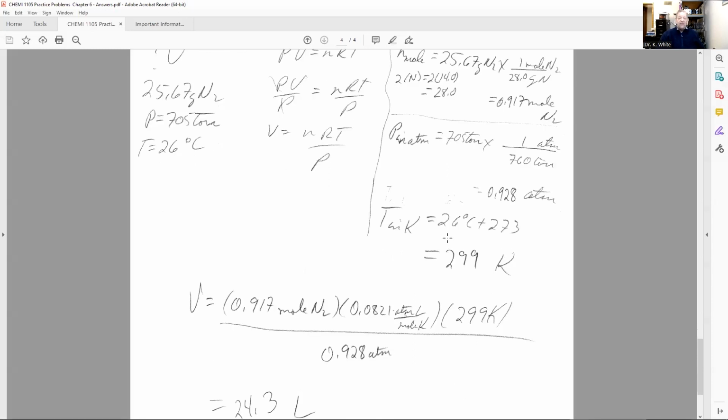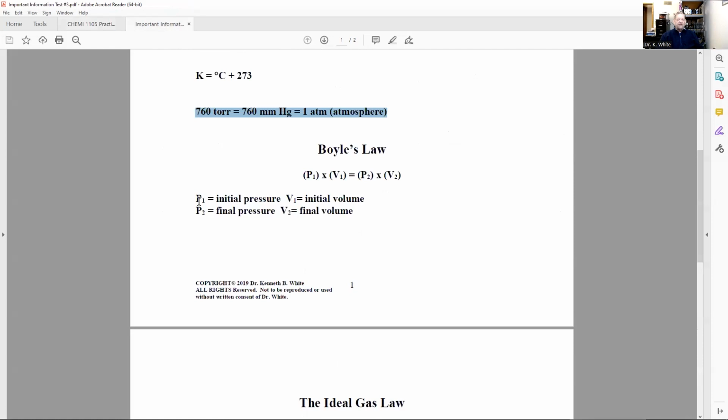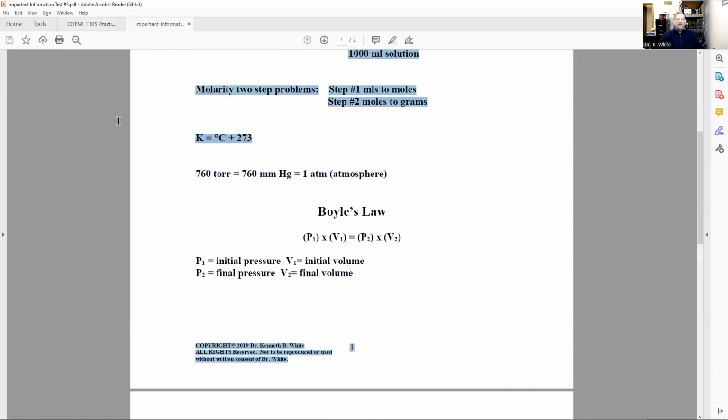And now I'll move on to temperature. Temperature is in degrees C. It has to be in Kelvin for this to work. And therefore, how do I convert degrees C to Kelvin? Well, if you forgot, important information. Oops, too much. There we go. In blue, highlighted, Kelvin equals degrees C plus 273.